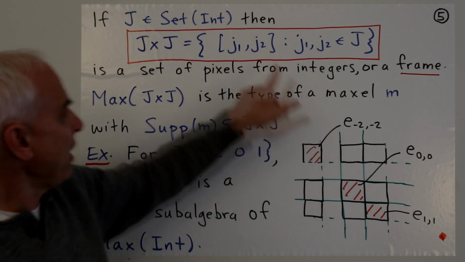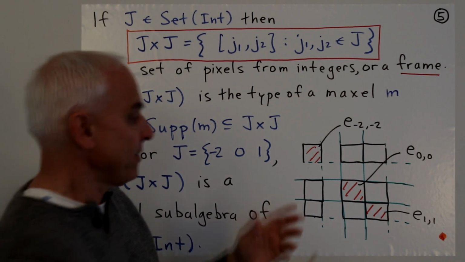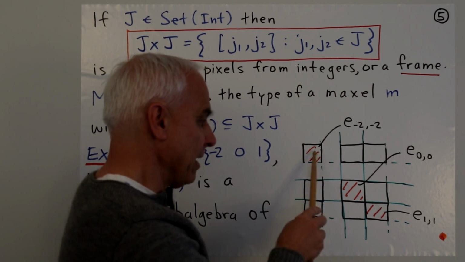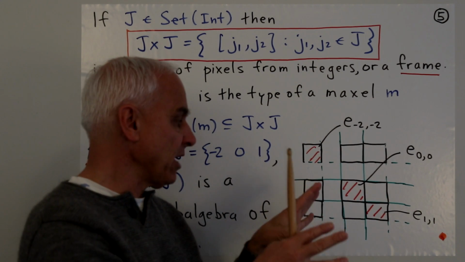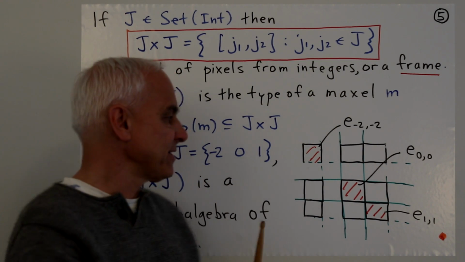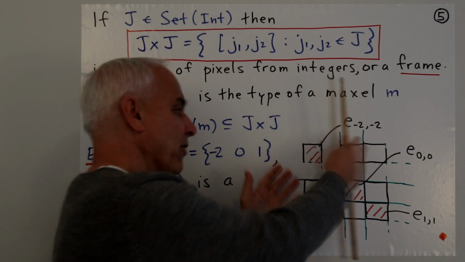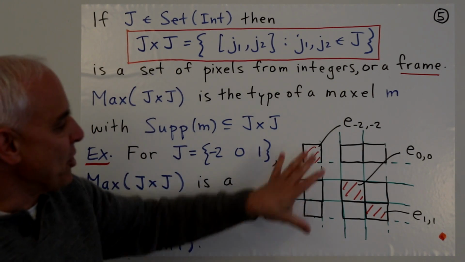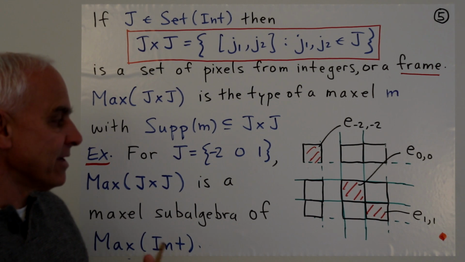You pick a subset J of integers, and that's basically picking a bunch of diagonal elements along the diagonal, and then associated to that you have something like a square thing, but it's not graphically a square, but it's arithmetically a square of positions that support this maxel subalgebra.